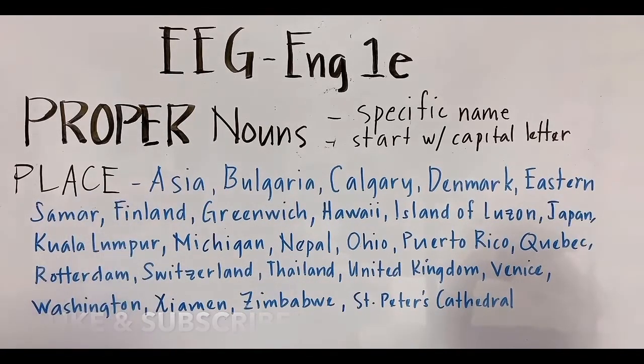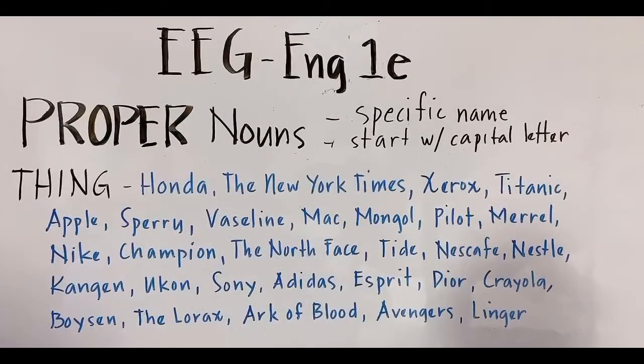All right, good. Now let's go with the proper names of things. Repeat after me. Honda, this is the name of a car. The New York Times, it's the name of a newspaper. Xerox, the name of a copier. Titanic, it's a film, or it can also be a book.